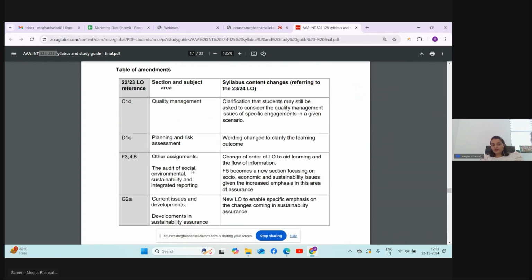Probably focus on these, like quality management. They have said they may still ask questions regarding quality management. This is okay, not really very important. Then environmental, social, and sustainability. There has been some change in the order of the learning. It says F5 becomes a new section focusing on socio-economic and sustainability issues, given the increased emphasis in this area.